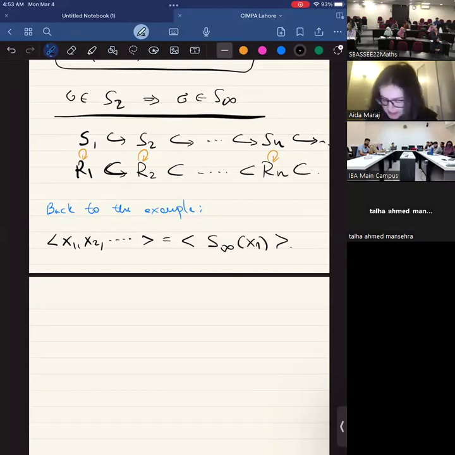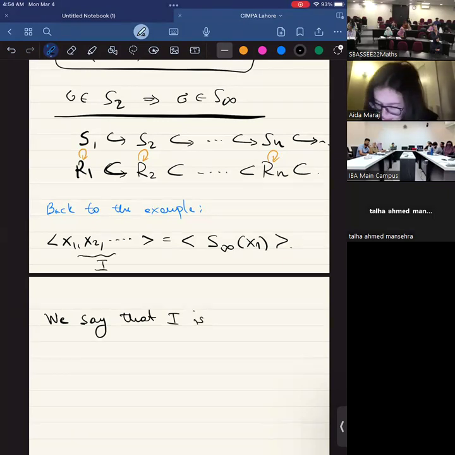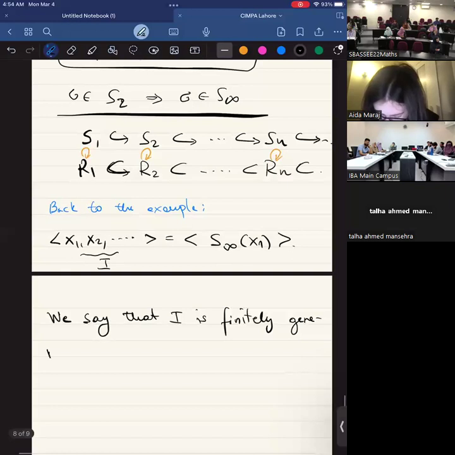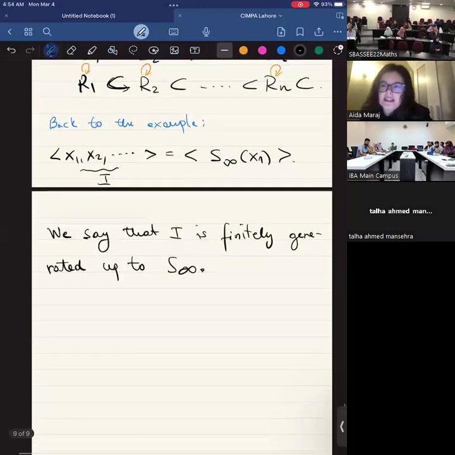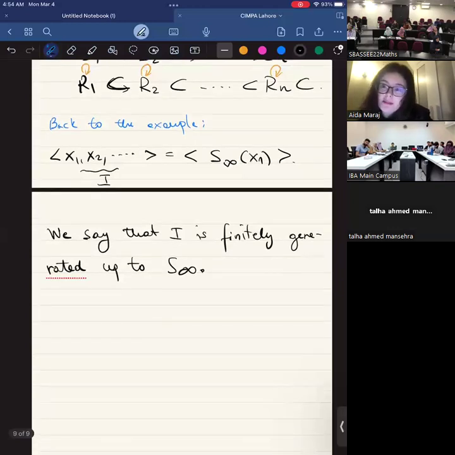And in this case, we say that our ideal, if I call this I, is finite, has finitely many orbits, so is finitely generated up to S infinity. Okay, so this gives us a way to handle infinity. We have finitely many orbits.